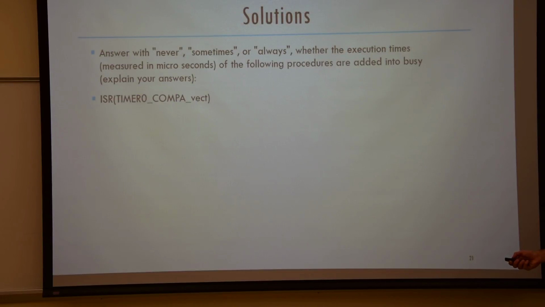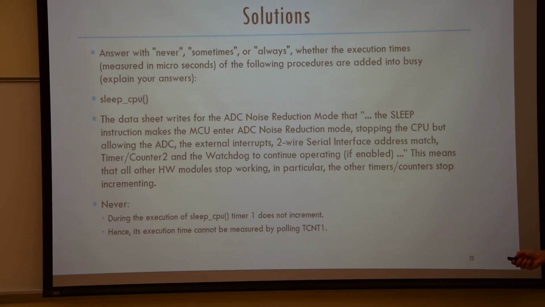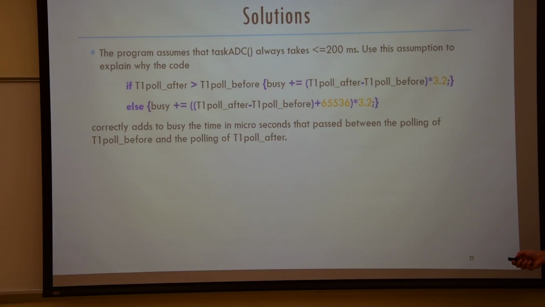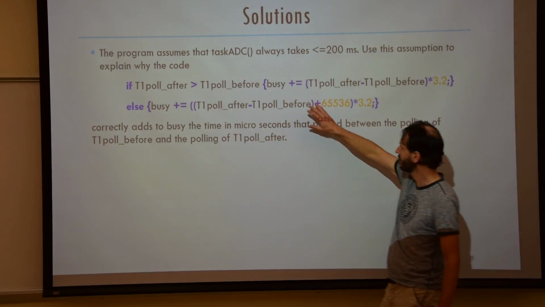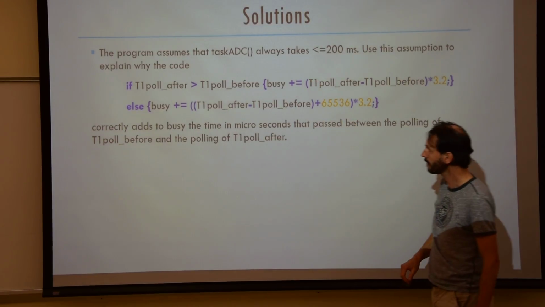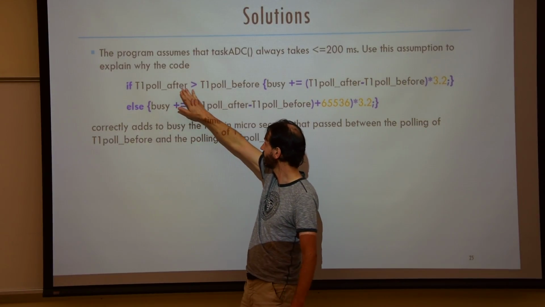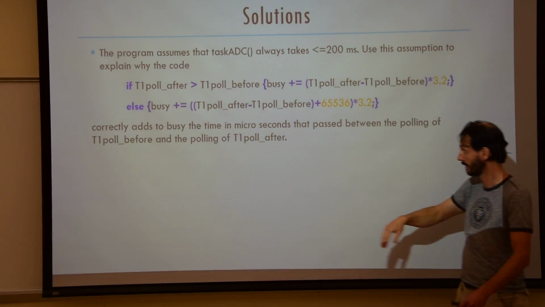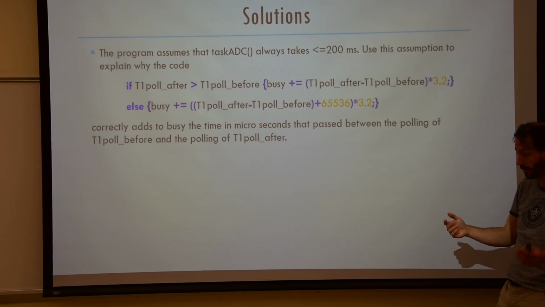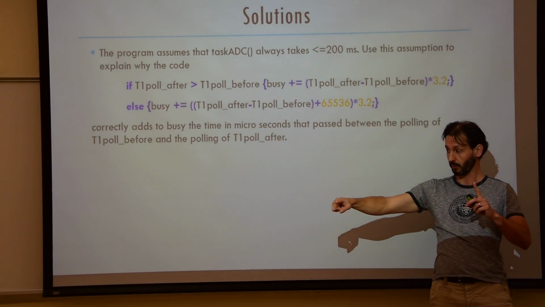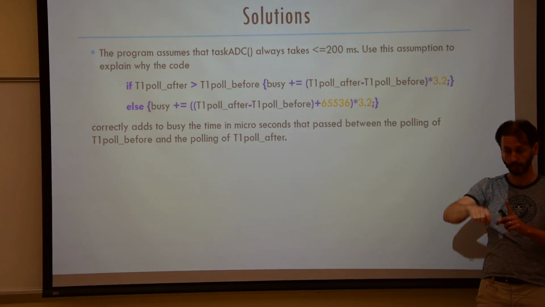So let's go forward, because there's one more question that I have here, which is, can we explain this particular code? Well, it may happen that T1 pulse after is larger than T1 pulse before. This usually happens because the timer 1 counter goes into the sawtooth waveform.